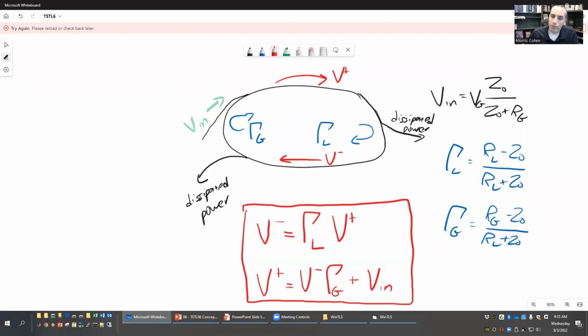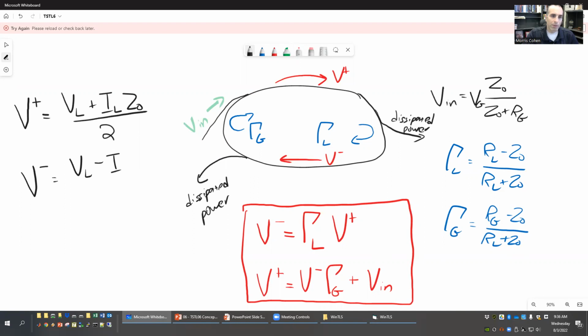If you substitute the equations for gamma L, gamma G, and V in, and solve all that, then you can figure out what V positive and V negative are. What is the steady state positive going voltage and the steady state negative going voltage? And it works out to be the following, and this is probably something worth memorizing. V positive equals VL plus IL Z0 divided by 2, and V negative equals VL minus IL Z0 over 2.